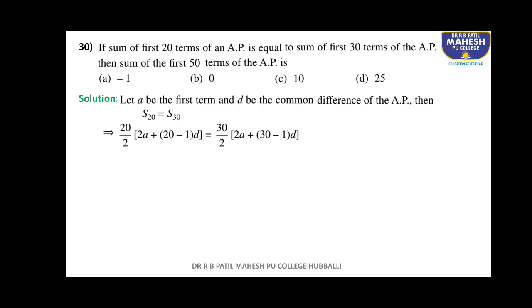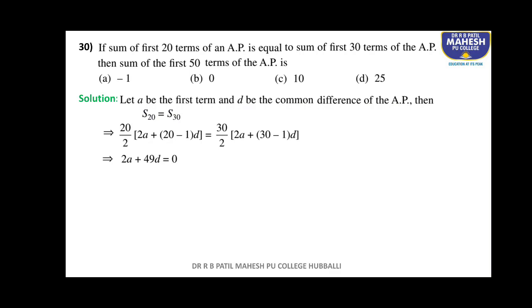Similarly, in the RHS part we can cancel 2 one's are 2, 15 ones are 15, and within the bracket we have 2A plus 19D in the LHS part, and in the RHS part we have within the bracket 2A plus 29D. So after all the cancellation, we have 2a plus 49d is equal to 0. So 2a plus 49d is equal to 0. It is obtained after the cancellations.